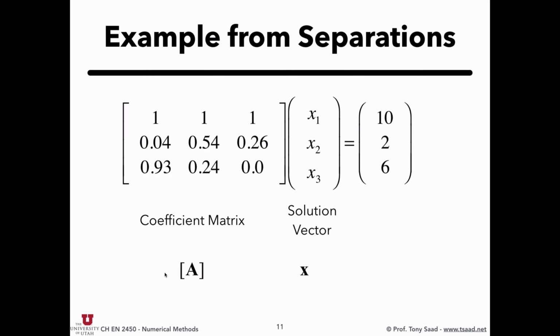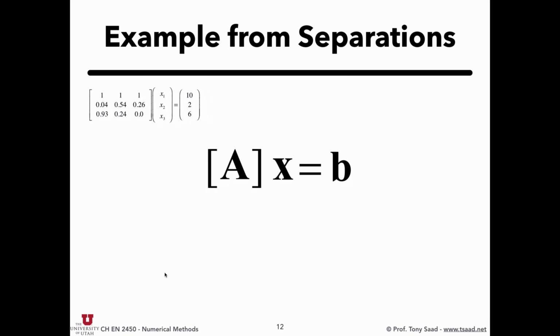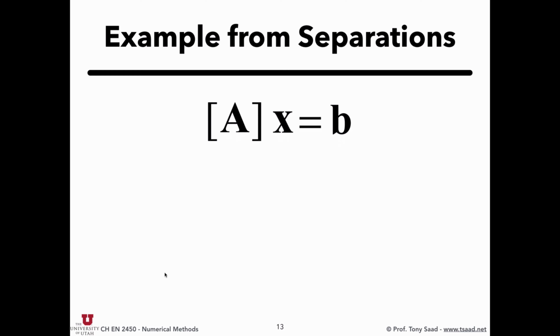And the solution vector, or the vector of unknowns, that's what we're trying to find, is given by x, and the right-hand side, which is usually known, is given by the vector b. So now we went from a system of equations to a matrix formulation, to actually a general form, Ax equal to b. And with that, we can start thinking about generic ways to solve this system of equations. Obviously, we need to find x.